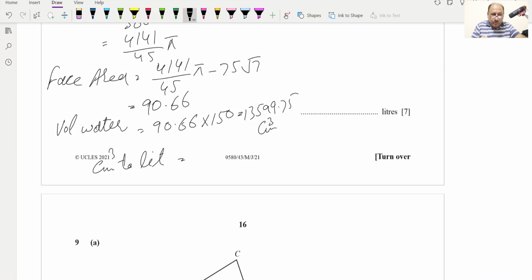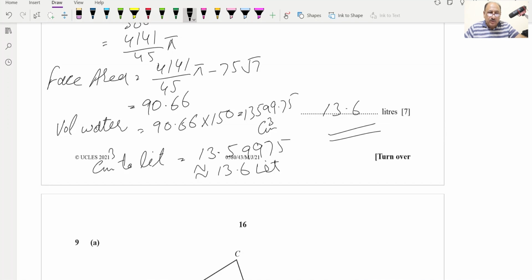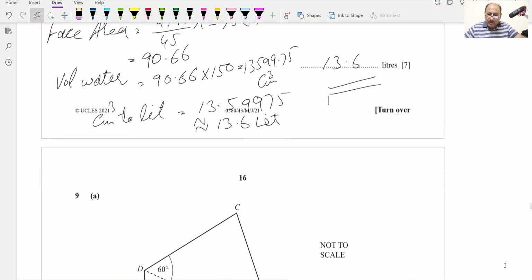In 13599.75, the decimal point shifts to this side, and we can rewrite it as 13.59975, and approximately we can write it as 13.6. So 13.6, this will be in liters. This is the 7-mark question which we have done, 13.6 liters.